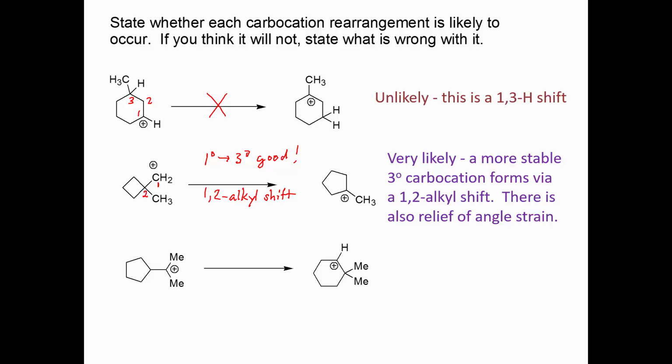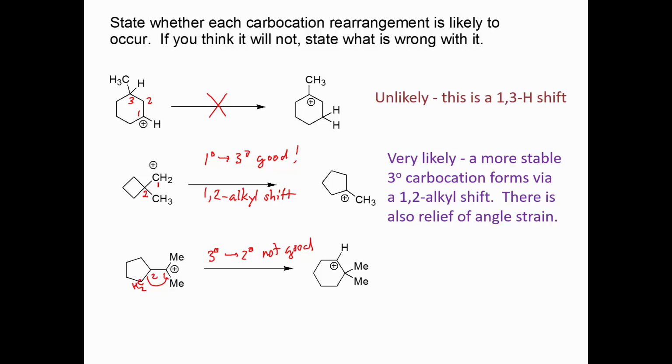The last one involves migrating this CH2 group of the cyclopentane ring over to where the carbocation is. But here we're doing tertiary to secondary. So this is not good, right? Because this is producing a less stable carbocation.